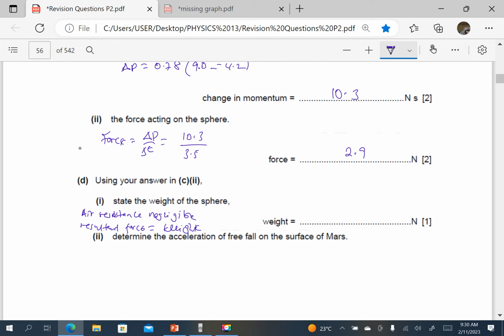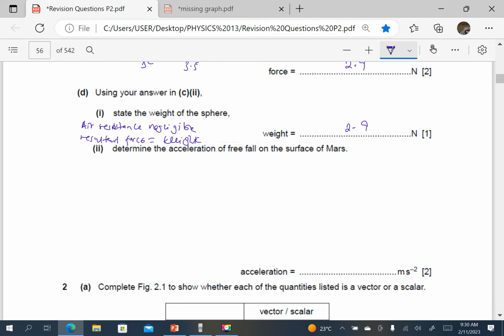So remember, the resultant force is the rate of change of momentum. So it means the weight is going to be simply 2.9. If there's no air resistance, then the resultant force is equal to the weight, the force of gravity on the planet is simply the weight.